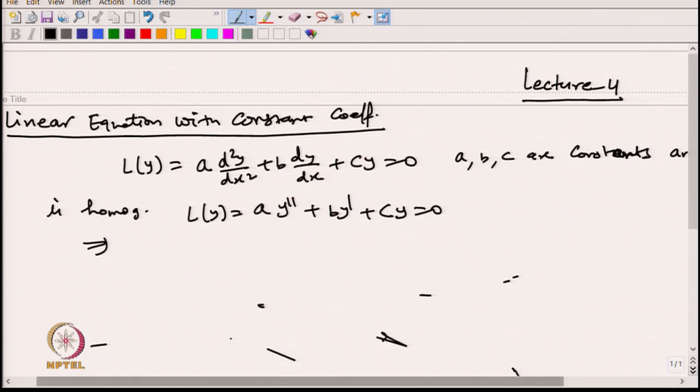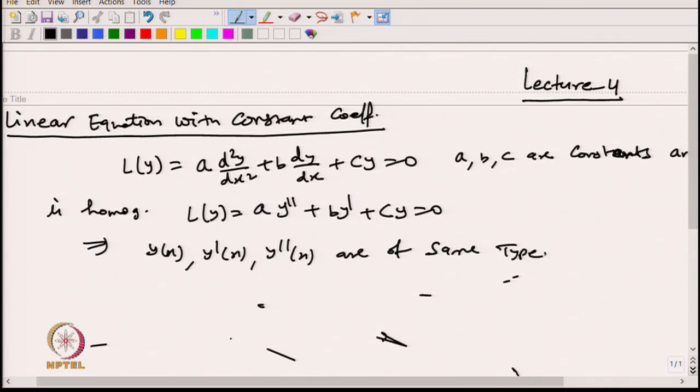So, I need a function y(x) where y(x), y dash x and y double dash x are of the same type.